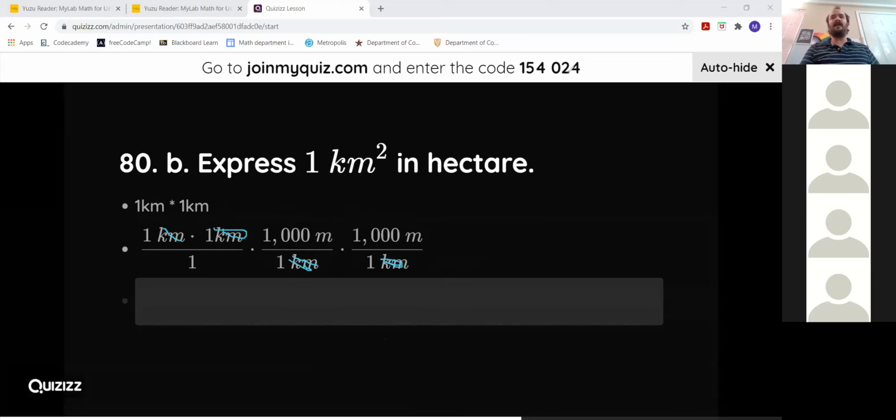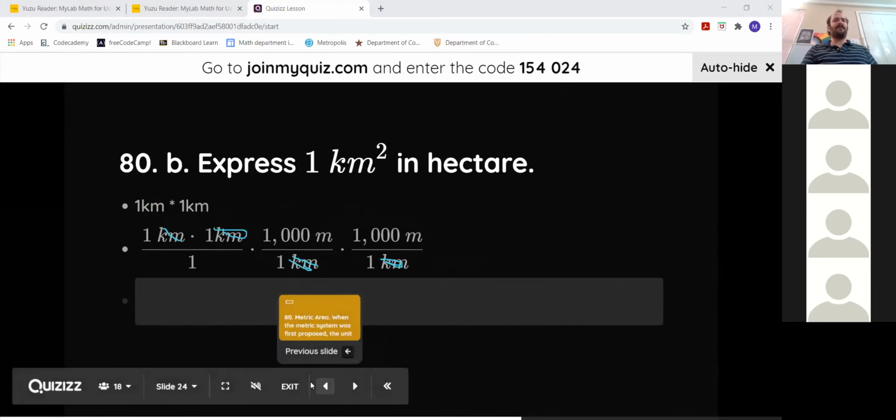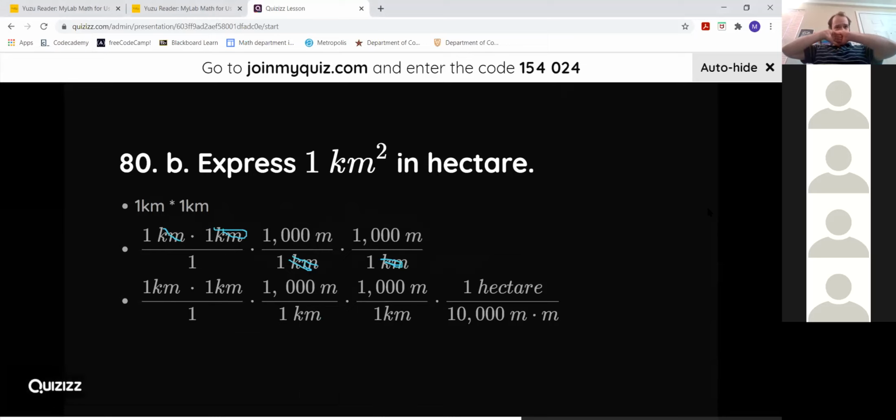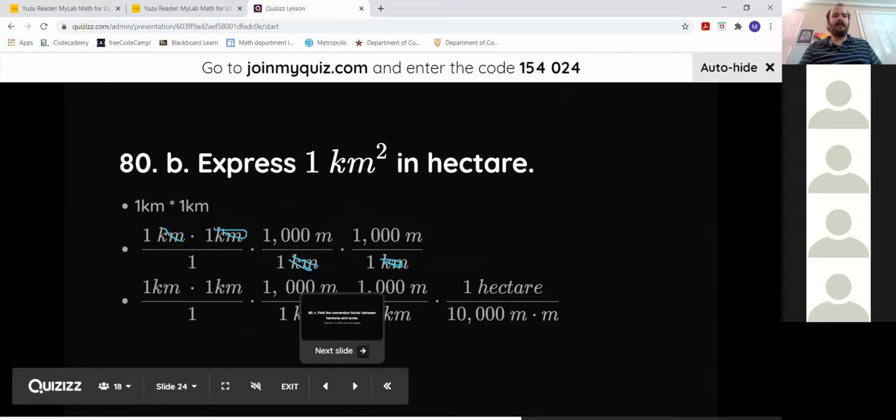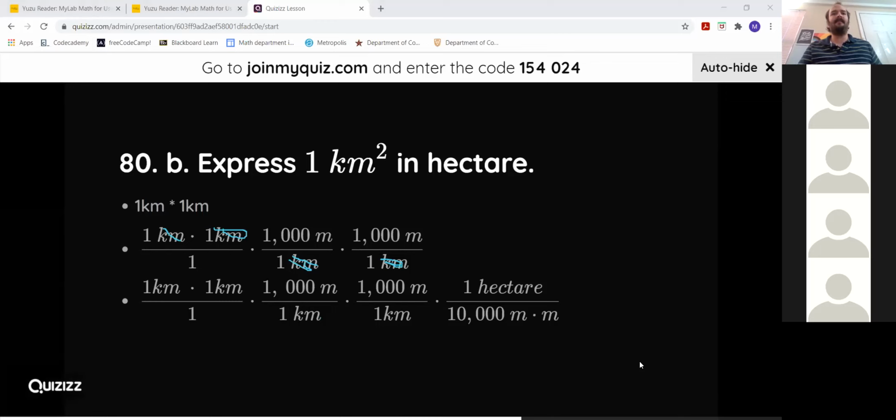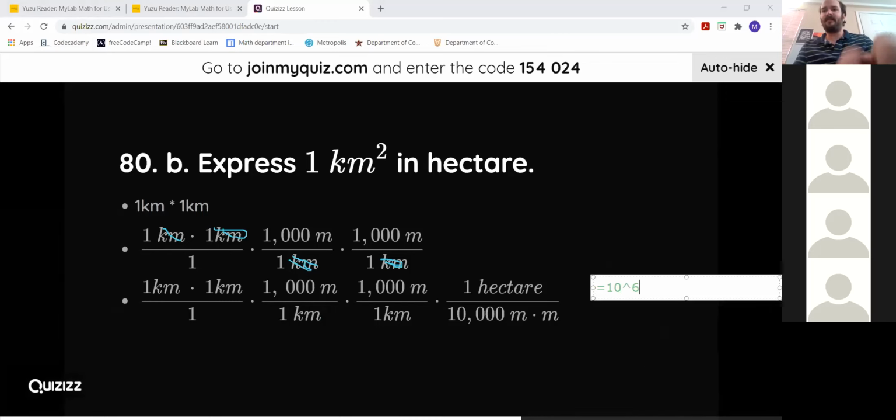And so now that we're in square meters, I believe we have that conversion factor from the square meters to the hectares, right? There are 10,000 square meters to every 1 hectare. And I didn't do it here, but there is a really simple way, and this is what I do in my head. This is 10 to the 6th up here.